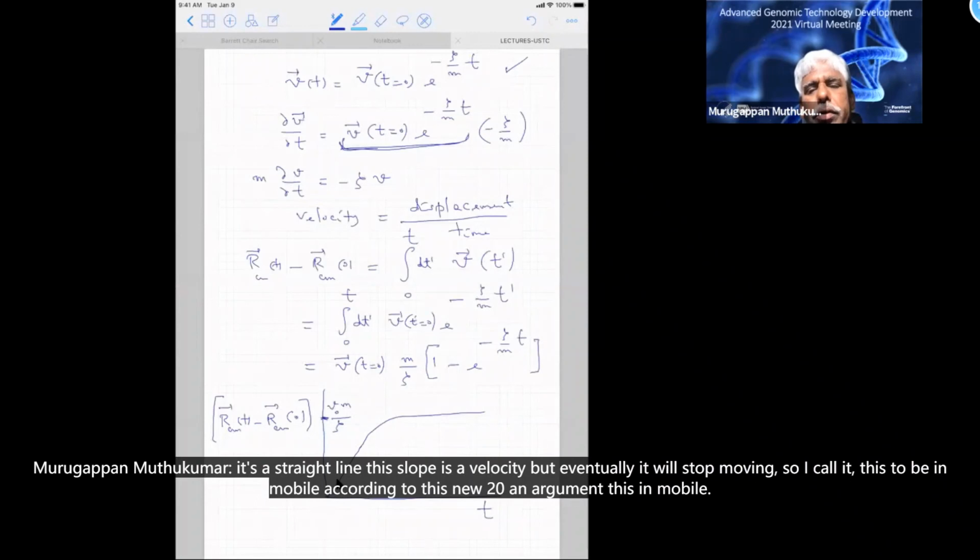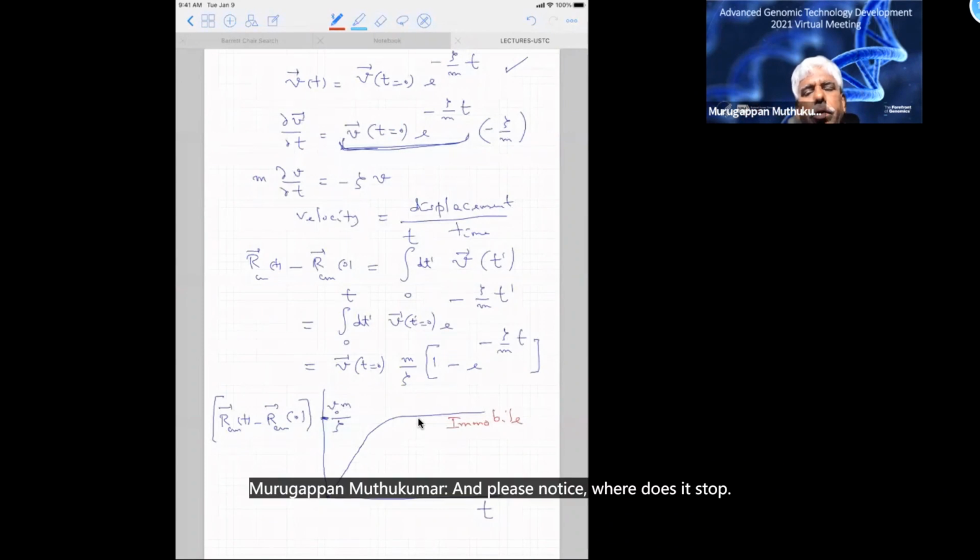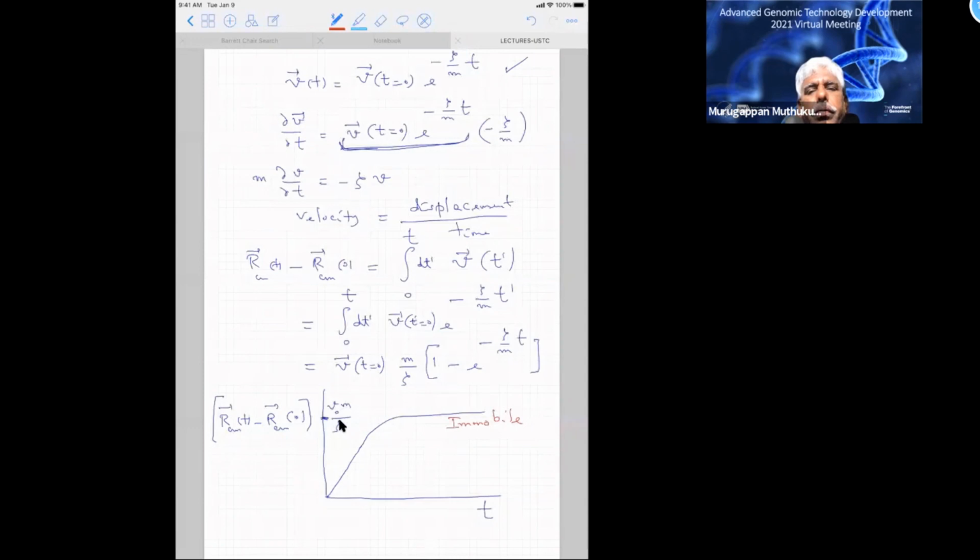The slope is a velocity, but eventually it will stop moving. So I call this immobile. According to this Newtonian argument, this is immobile. The particle does not go at all. And please notice, where does it stop? It stops at this value.